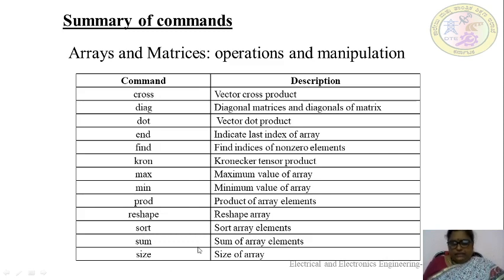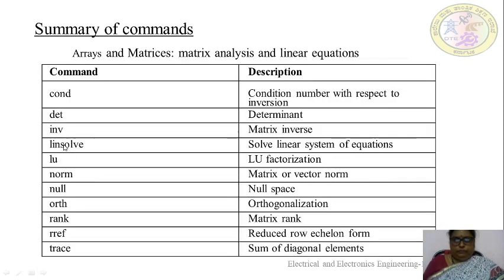Size gives you the size of the array, which you have used often, right? Then arrays and matrices, matrix analysis and linear equations. These are some of the commands concerned with arrays and matrices.